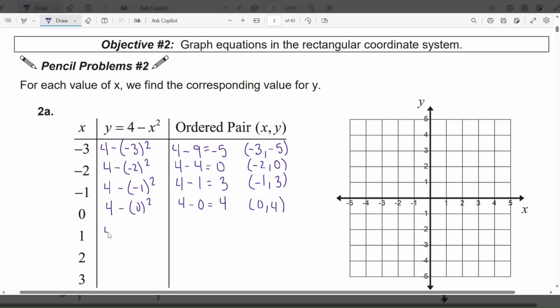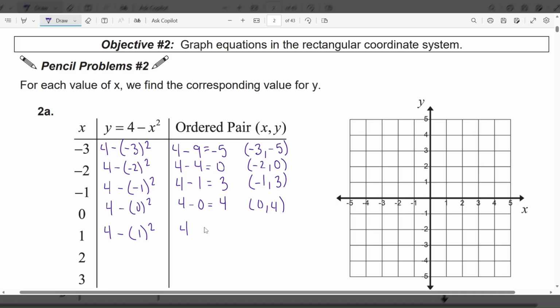Now we have 4 minus 1 squared. When it's saying x squared, we're saying, like for negative 3 times negative 3, which is a positive 9. Because it says minus x squared, it's minus 9. Just want to throw that in there again.